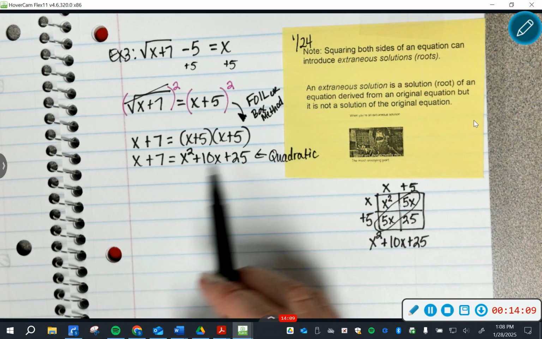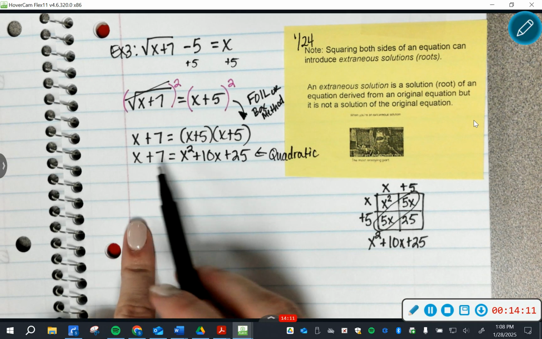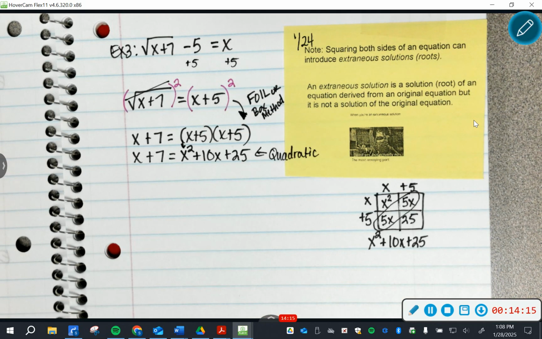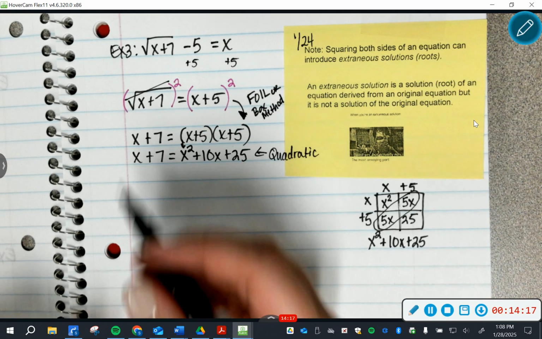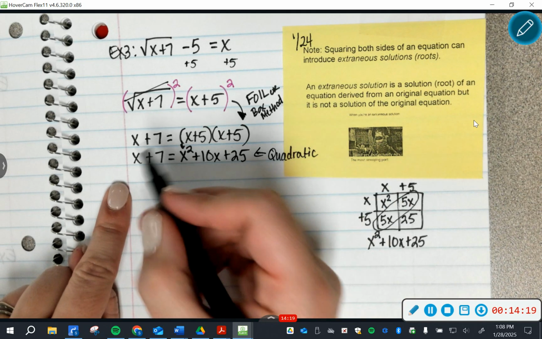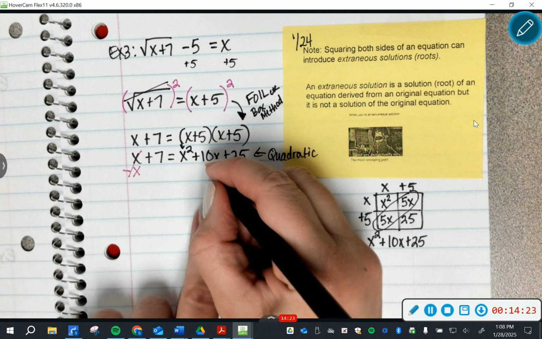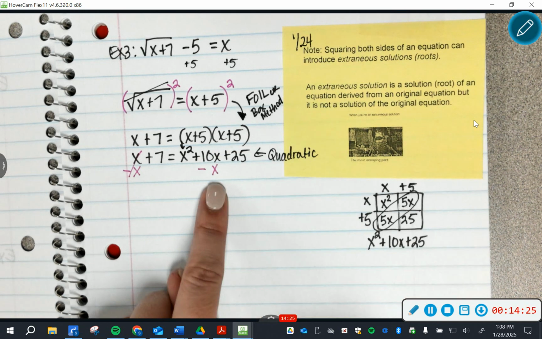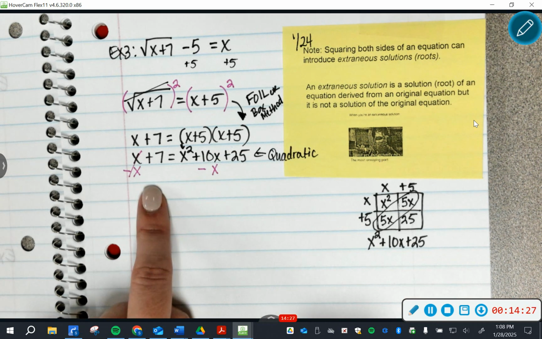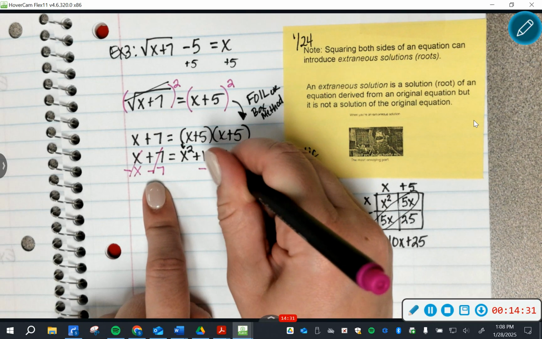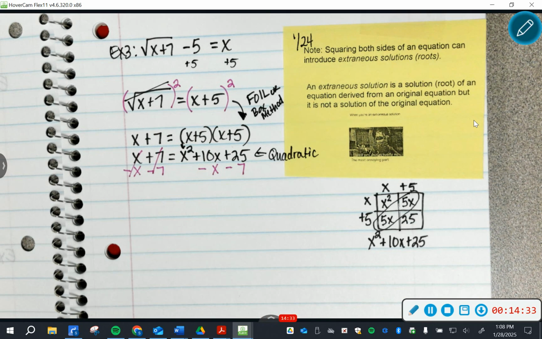So the way we solve quadratics is we get everything on the same side of the equal sign as the x squared. So everything on the other side we're going to have to remove. So this positive x, we subtract it, and we subtract it from the other side. And that plus 7, we subtract it from this side.